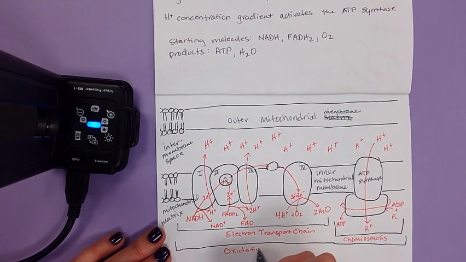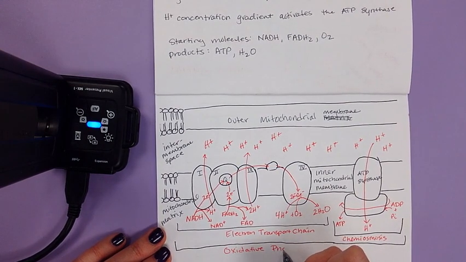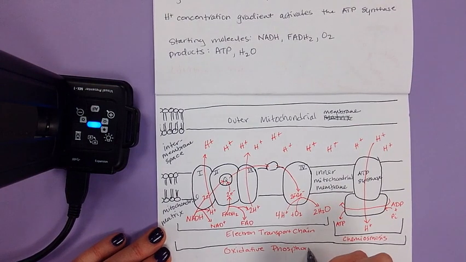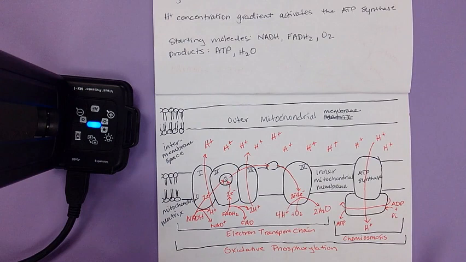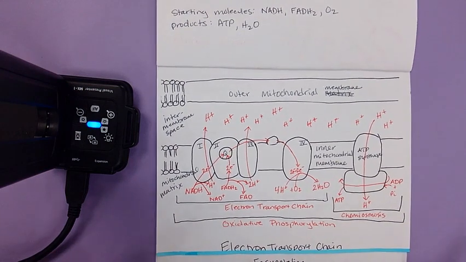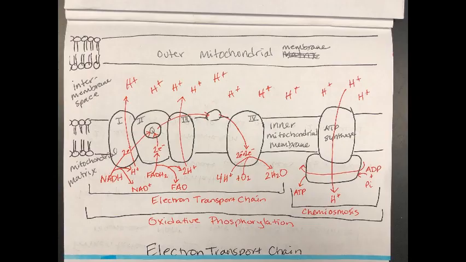The whole process, even though we shorten it and call it an electron transport chain, is actually called oxidative phosphorylation. So oxidation, oil rig, oxidation is losing. So we're losing electrons and picking them up to form ATP. Phosphorylation.